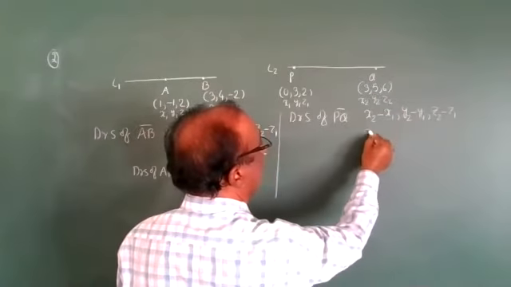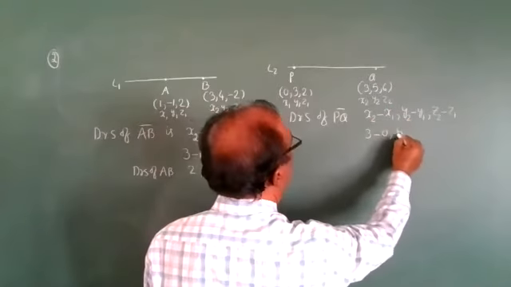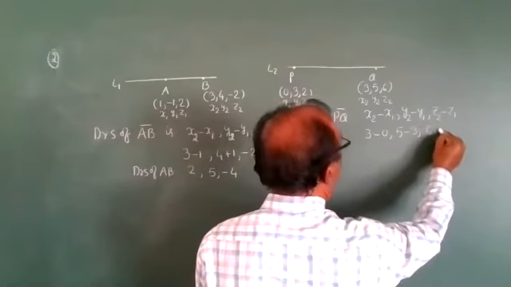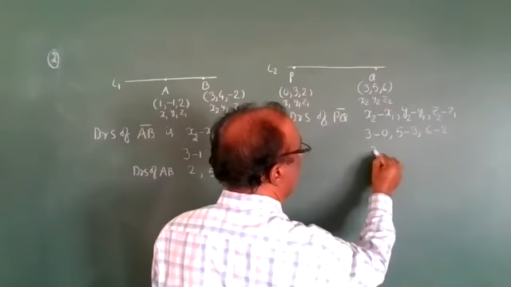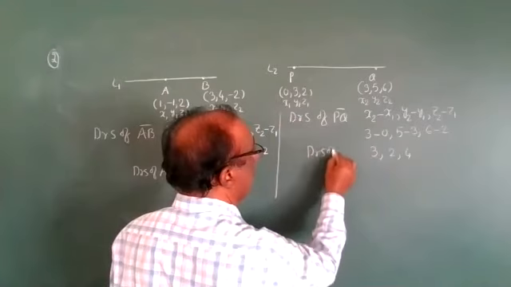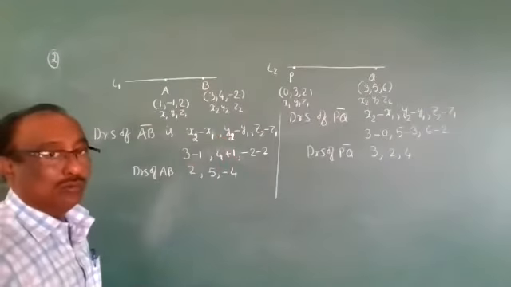Write down 3 minus 0, next 5 minus 3, next 6 minus 2. The DRs of PQ bar is equal to 3, 2, 4.